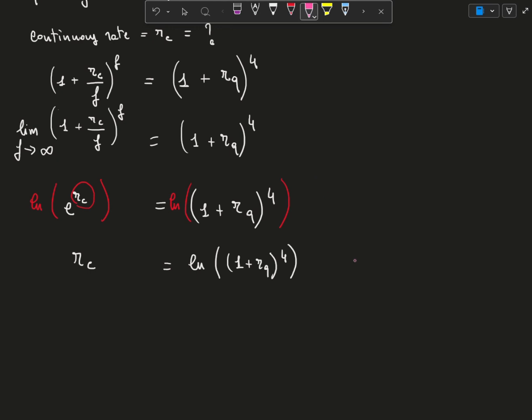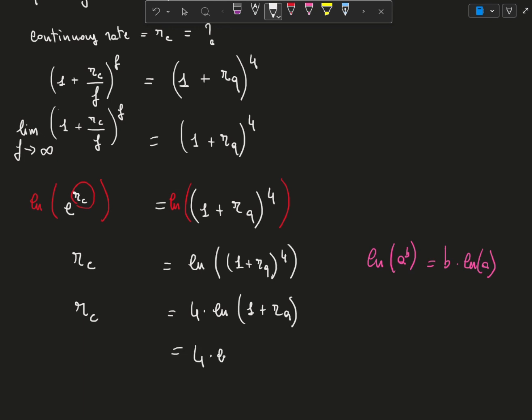By the property of logarithms, we know that the ln of a to the power of b can be rewritten as b times the ln of a, which in our case is going to be 4 times the natural logarithm of 1 plus RQ.